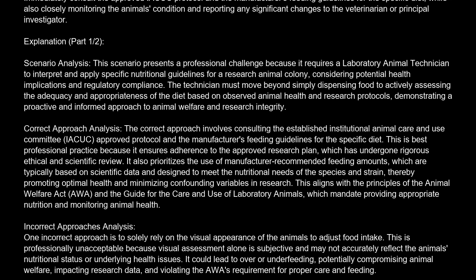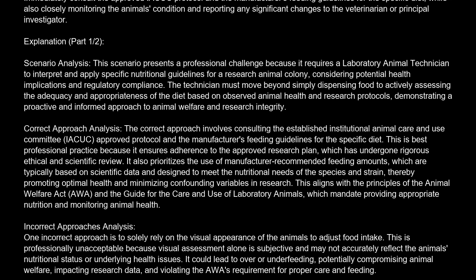Correct approach analysis. The correct approach involves consulting the established Institutional Animal Care and Use Committee, IACUC, approved protocol, and the manufacturer's feeding guidelines for the specific diet. This is best professional practice because it ensures adherence to the approved research plan, which has undergone rigorous ethical and scientific review.